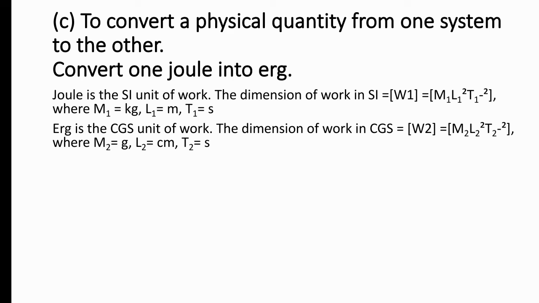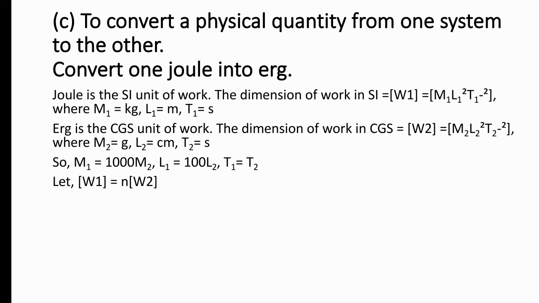If we assume W2, then W2 equals M2 L2 squared T2 to the power minus 2, where M2 is in gram, L2 in centimeter and T2 in second. M1 and M2 are related by M1 equals 1000 M2, L1 and L2 are related by L1 equals 100 L2, and T1 equals T2.